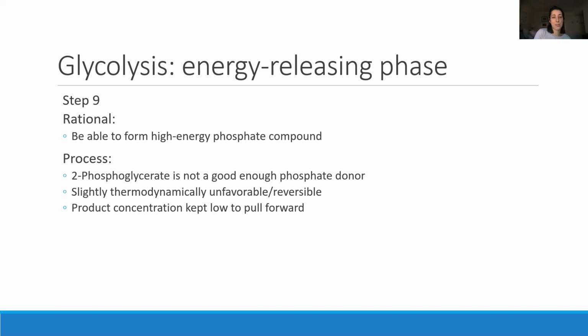Again, rationale here is we're just building to a further high energy compound, which you will see in the end will allow us to finally make our pyruvate in our very last step.